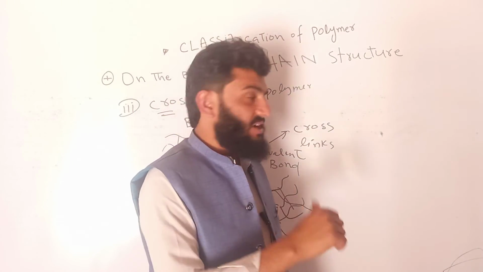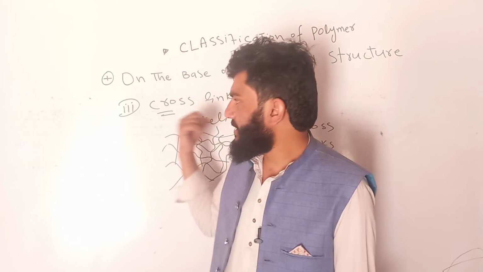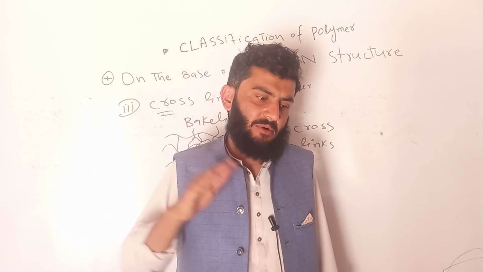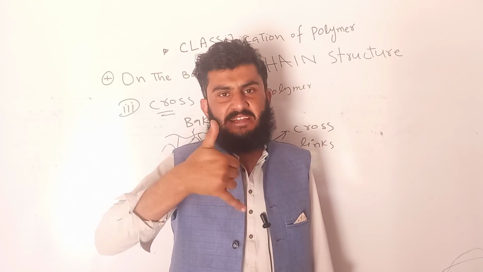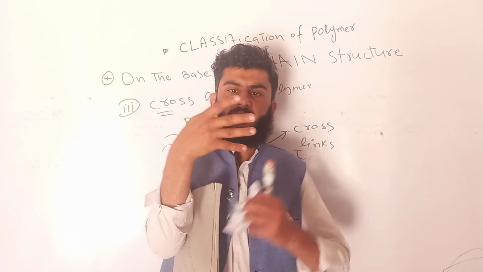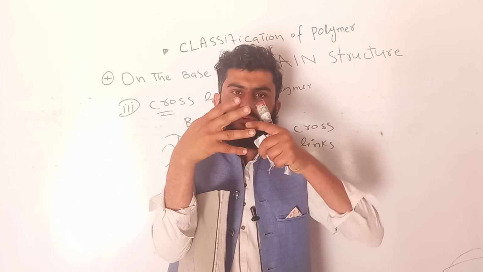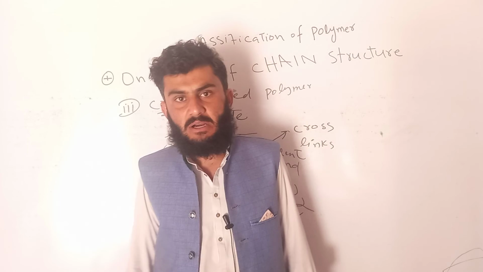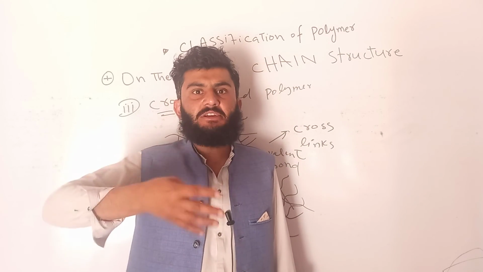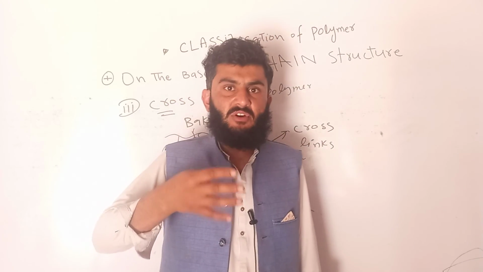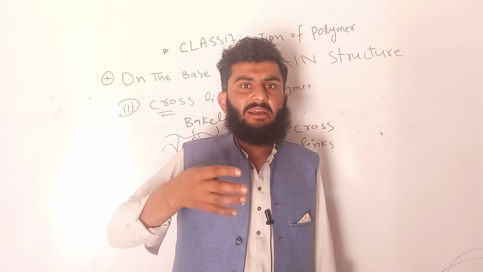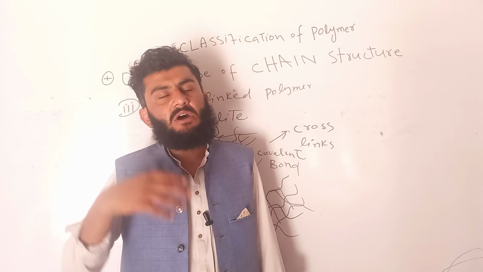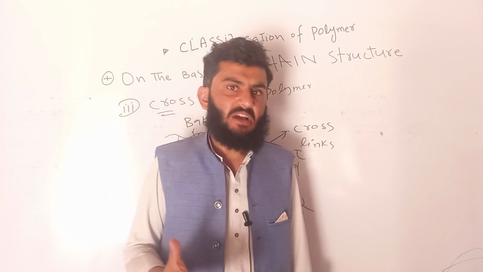The other one is cross-linked polymer. Cross-linked polymer means the polymer chains form cross-linking with each other, and this cross-link is actually a covalent bond. Due to this cross-linking, they become very tough, very hard, and their tensile strength or rigidity is very high.